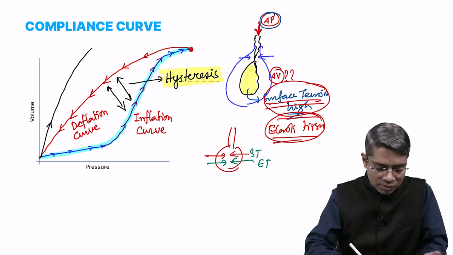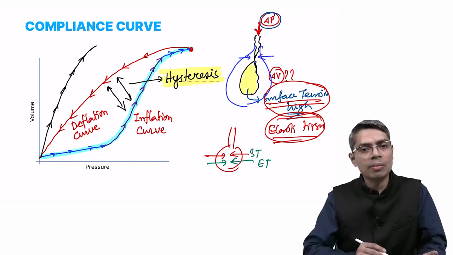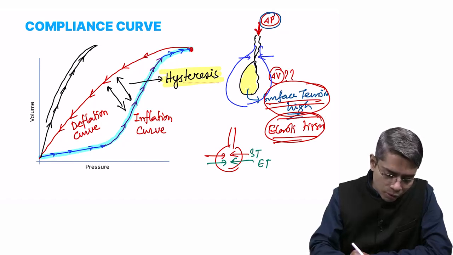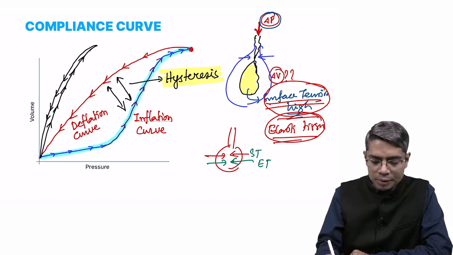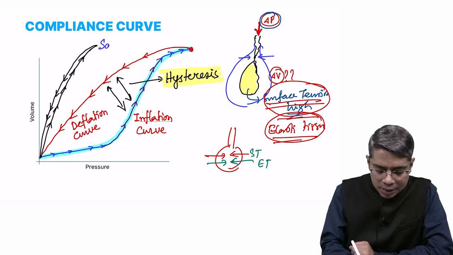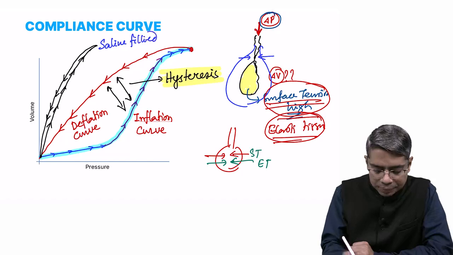So the inflation curve will be in a higher position than the normal inflation curve, and the deflation curve will also follow almost the same pathway, because this is recorded with a saline-filled lung.